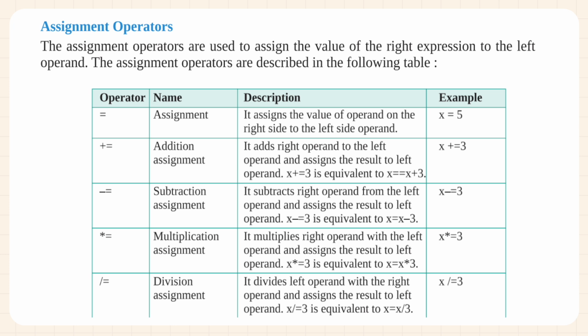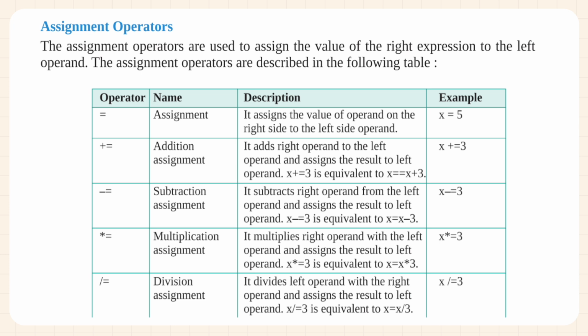Minus equals, subtraction assignment. It subtracts right operand from the left operand and assigns the result to left operand. x -= 3 is equivalent to x = x - 3. Asterisk equals, multiplication assignment.